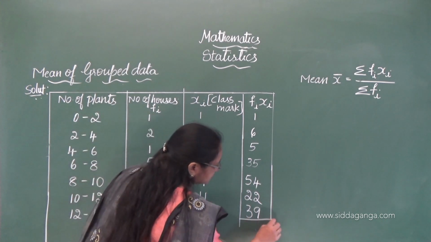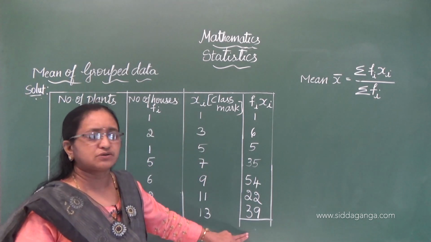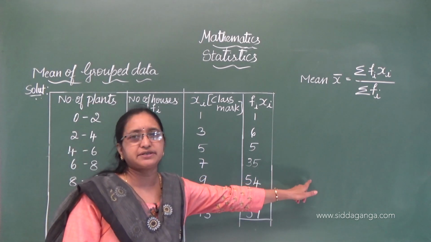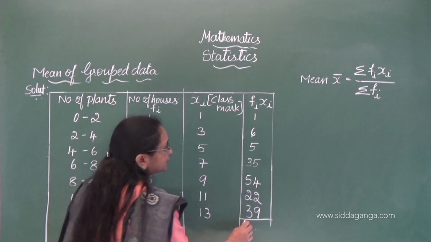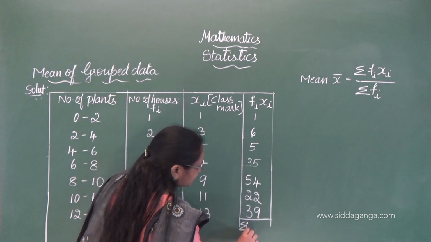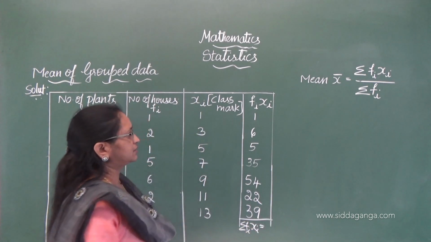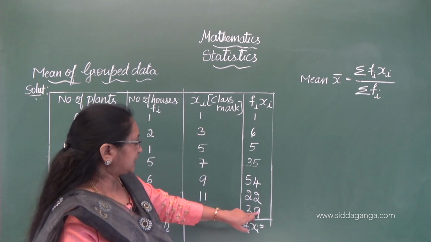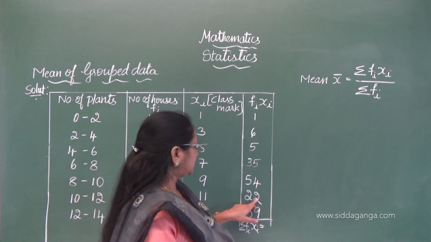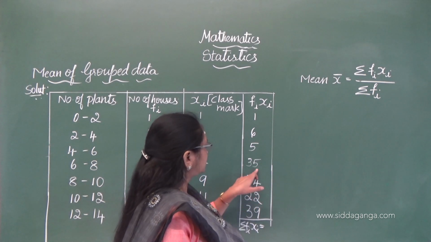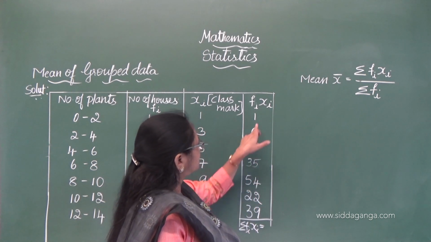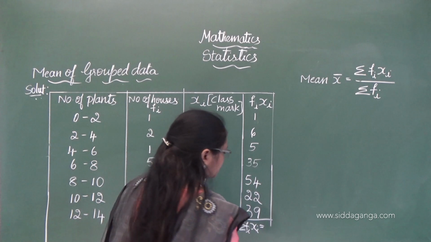So you have to write sigma Fi xi is equal to, now you can count: 9, 10, 11, 11 plus 4, 15, 20, 25, 26, 32.